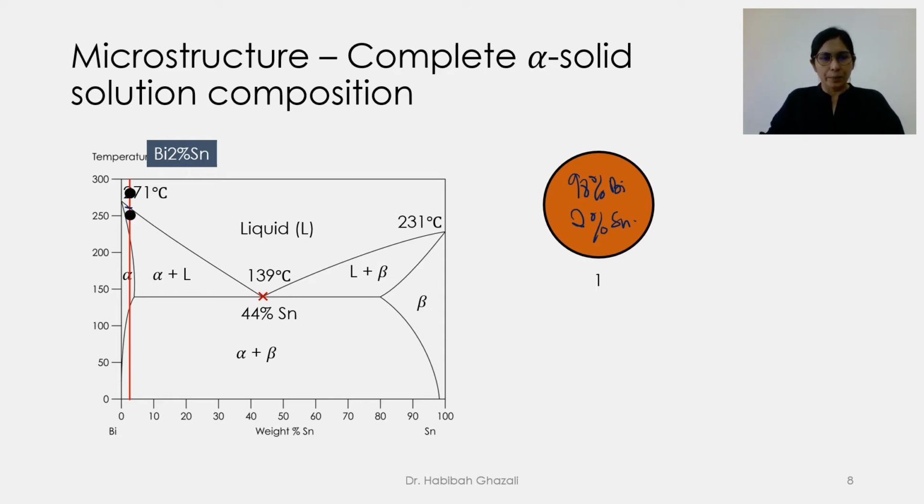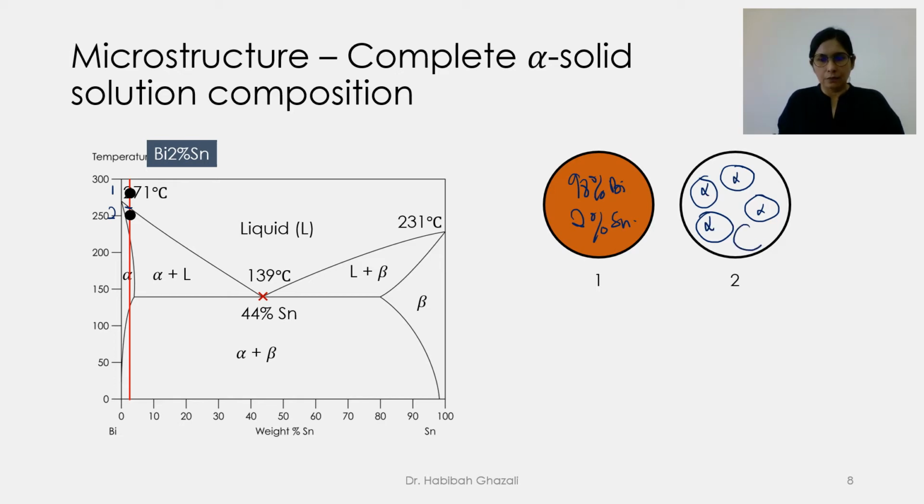This is point number 1, and this is point number 2. At the second point, nuclei of alpha solid solution will grow bigger. We only have one type of solid solution there, which is alpha solid solution. And as the temperature drops, everything will transform into alpha solid solution.